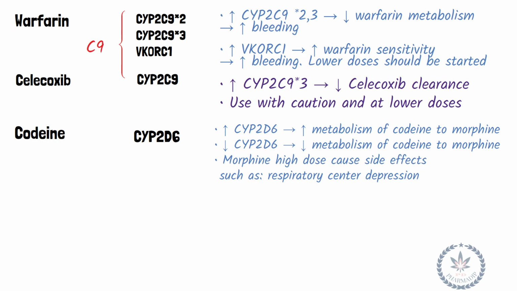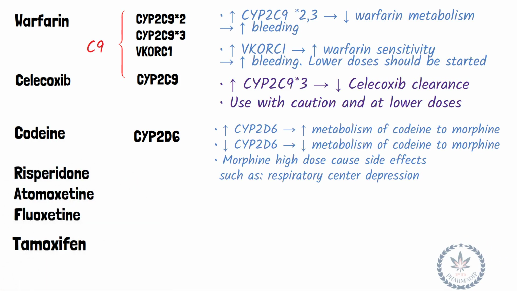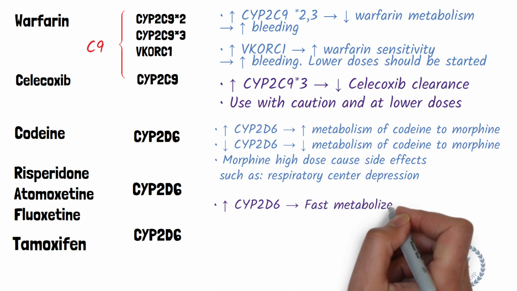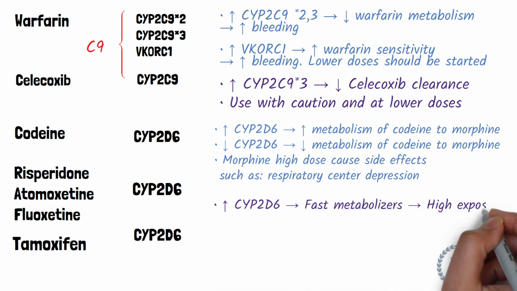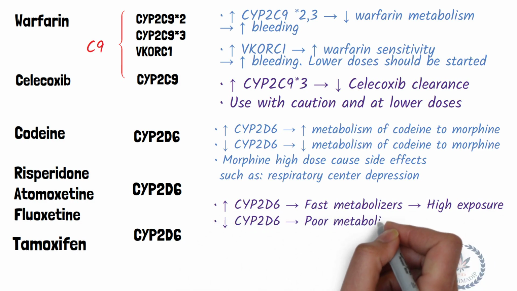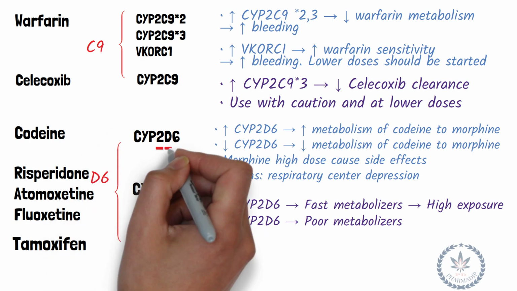Other drugs are risperidone, atomoxetine, fluoxetine and tamoxifen. With CYP2D6, individuals with increased CYP2D6 are fast metabolizers and have high exposure to these drugs, while those with reduced CYP2D6 are poor metabolizers of these drugs.